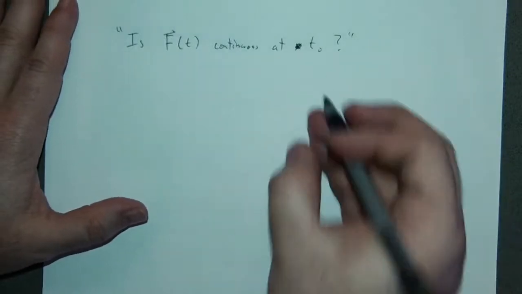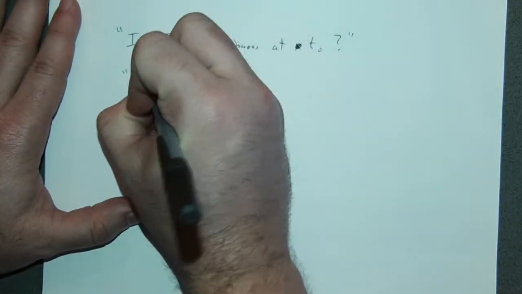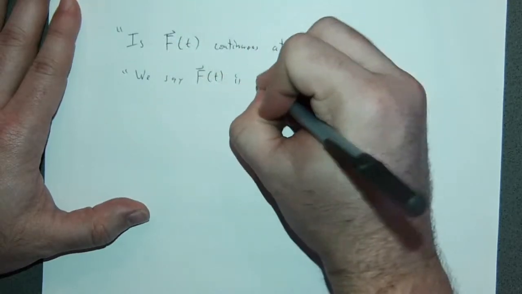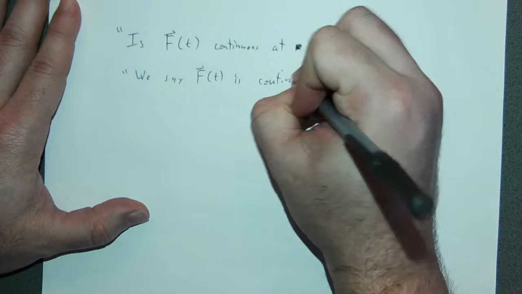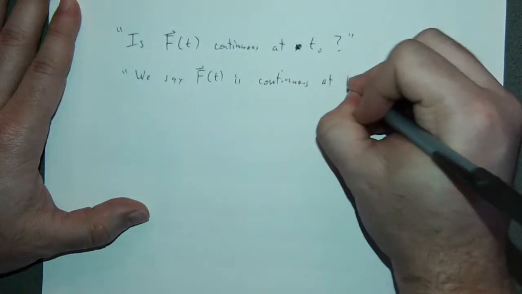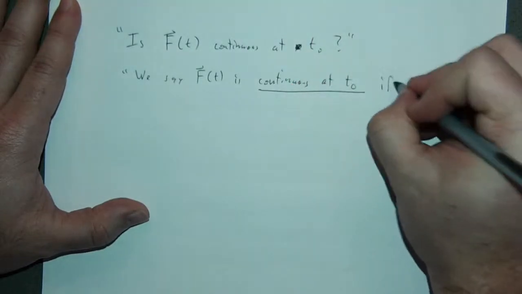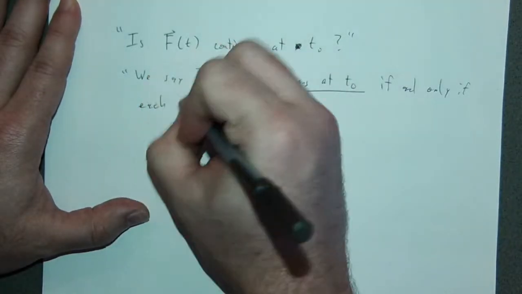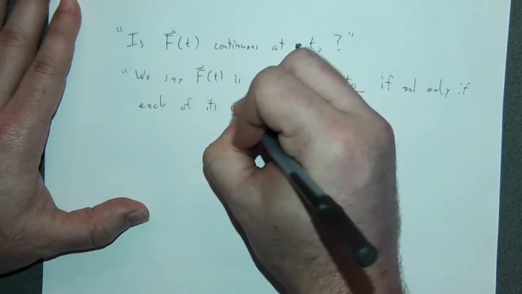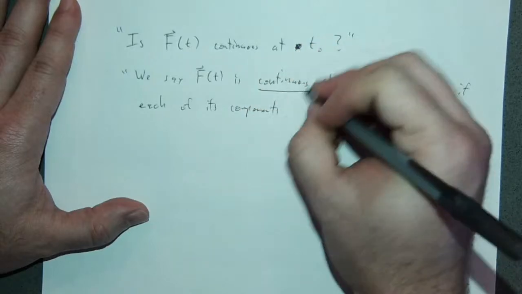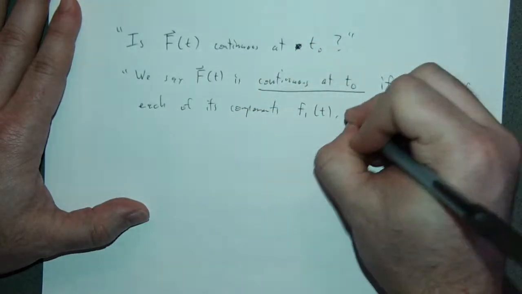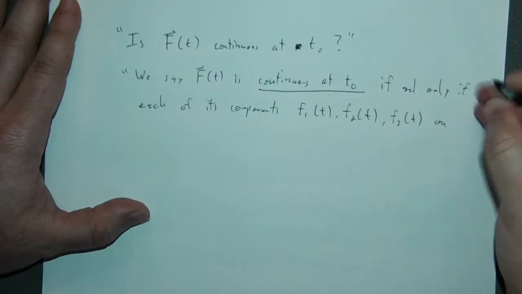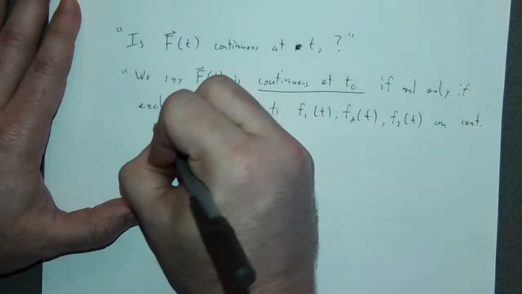And so the way we say this is that f of t is continuous at t naught if and only if each of its components, say f sub 1 of t, f sub 2 of t, and f sub 3 of t, are continuous at t naught.